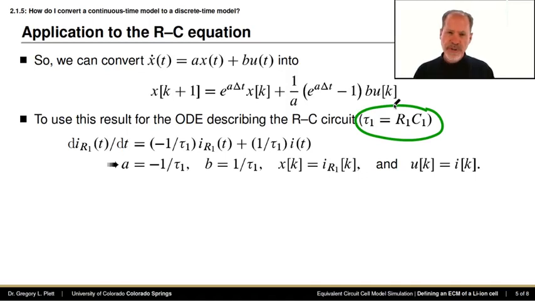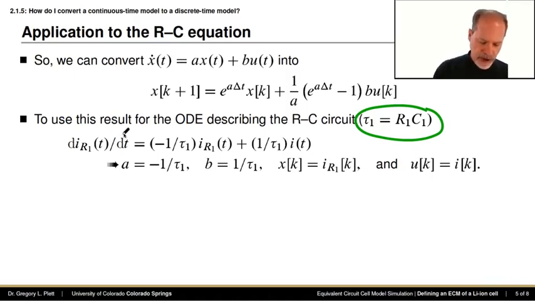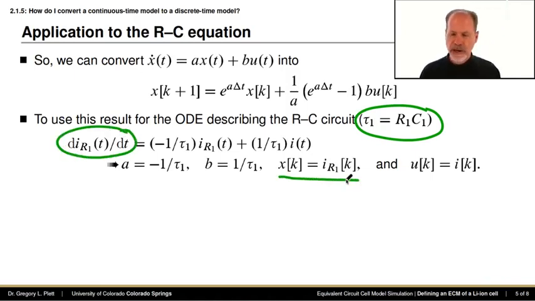And when we compare this to the generic form that we're trying to convert, we say, oh, well, the x on the left-hand side, I'm taking a time derivative of x, so x must be the resistor current in this case. And that matches because I've got on the right-hand side a constant times x, or a constant times resistor current, plus a constant times something else, so this must be u.